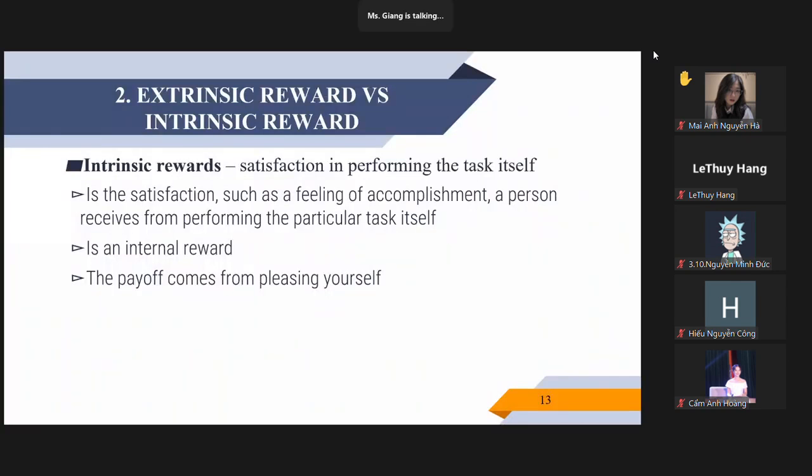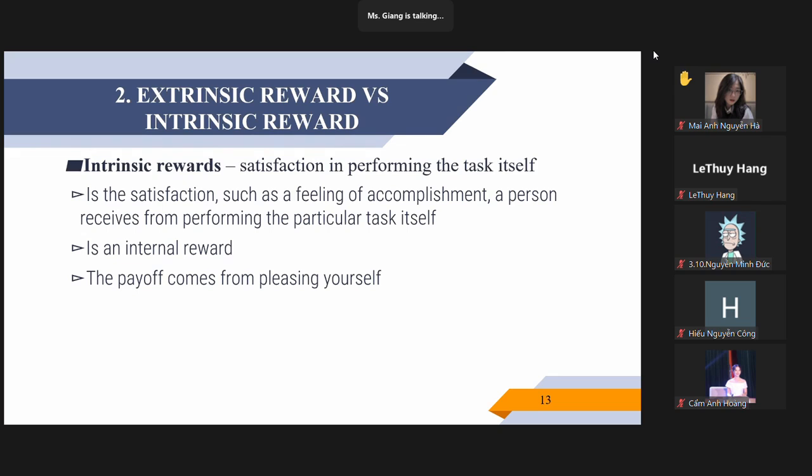In contrast, we have the intrinsic reward. The intrinsic reward is the satisfaction in performing the task itself, and it means that it is the reward that you give to yourself. It is the internal reward, and it is the satisfaction, such as the feeling of accomplishment a person receives from performing a particular task itself.